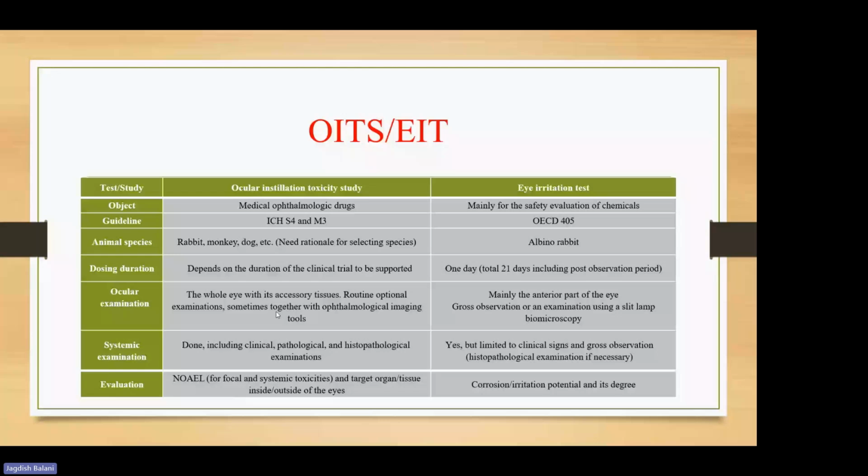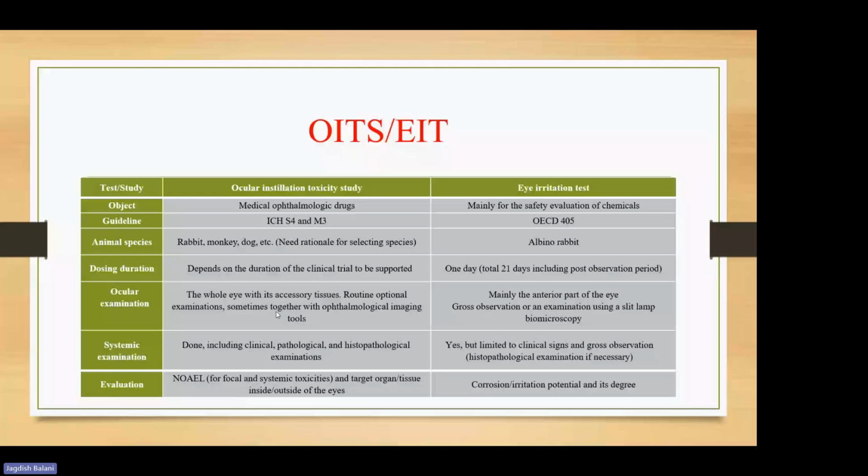Eye irritation, as I mentioned earlier, is conducted for a compound which is not intended for the ocular route, but accidentally or occupationally gets exposed to the ocular system and will create a toxic response. To understand that, these eye irritation studies are conducted, and nowadays alternatives are also available other than albino rabbits.